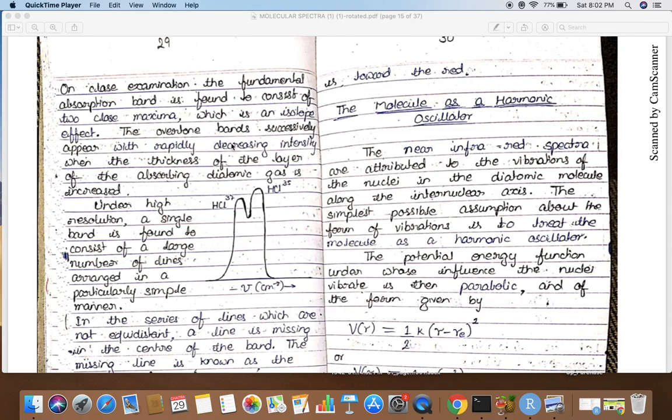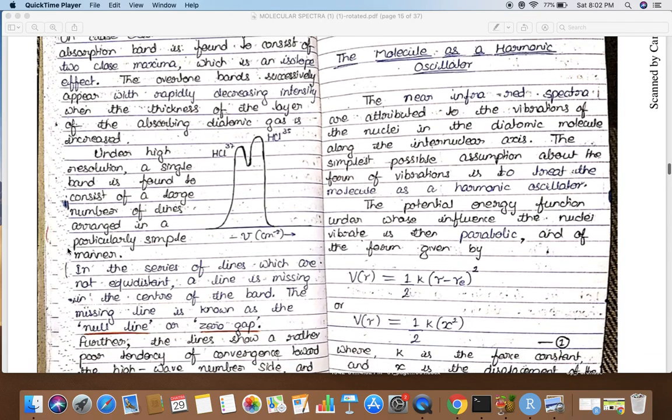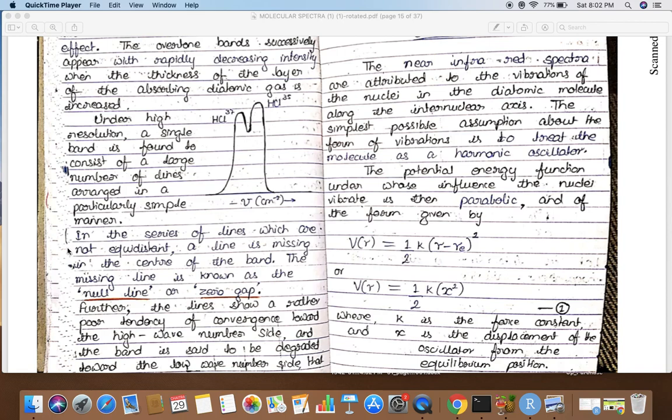The overtone bands successively appear with a rapidly decreasing intensity when the thickness of the layer of the absorbing diatomic gas increases. These are the absorption bands.